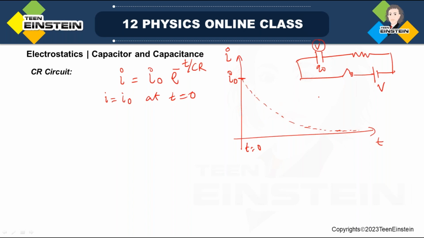But how is the charge varying? We have already seen the charge during charging, but we will draw it once.